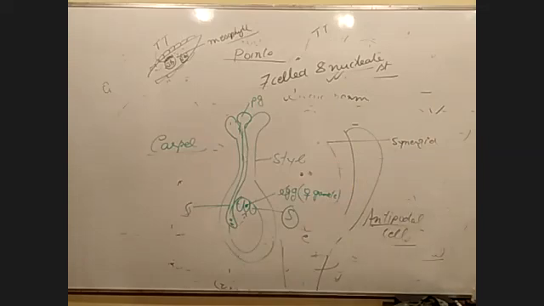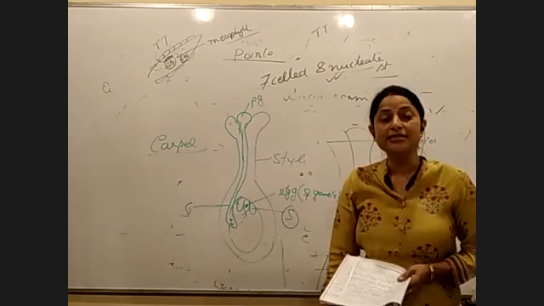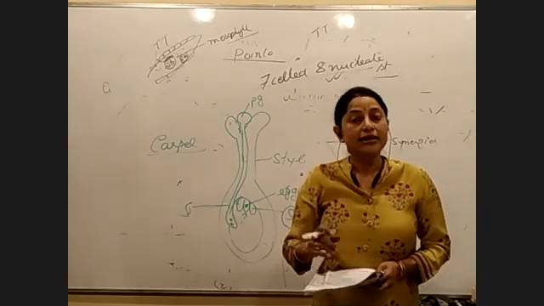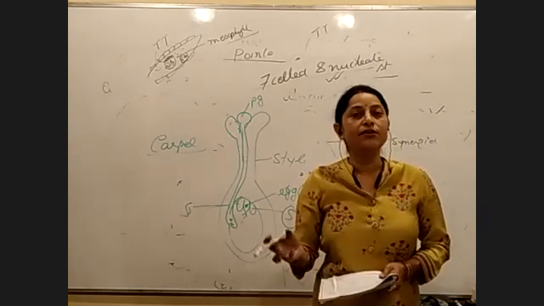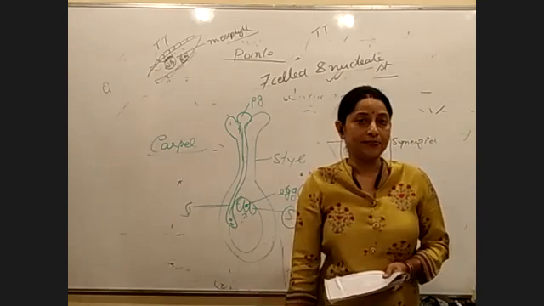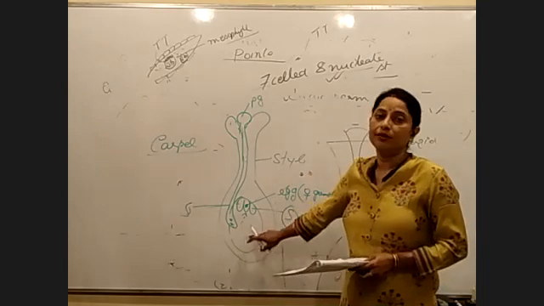Yes, ma'am. See, if you do not understand, please ask. I will explain again. So in case of lower plants, please know, bryophytes, pteridophytes and gymnosperms, where was the egg? Inside the archegonia. But in angiosperms, archegonia is absent. Then where will you find the egg? The egg is found inside the ovule. Clear?